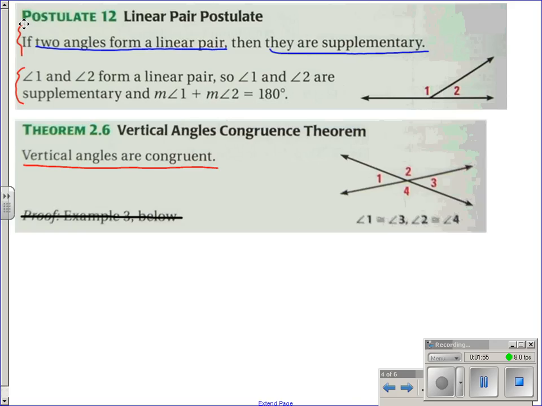As a reminder, vertical angles are the angles formed when two lines intersect, the angles formed by the opposite rays. So 1 and 3 are vertical, and 2 and 4 are vertical.